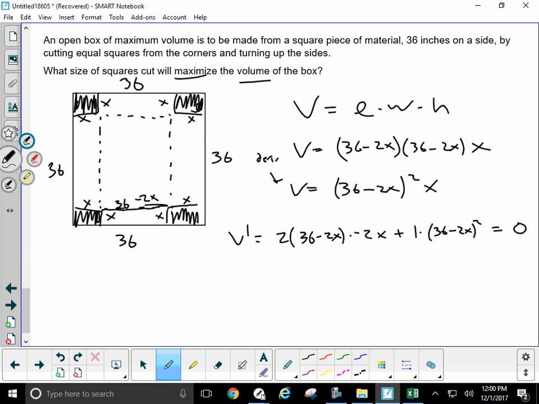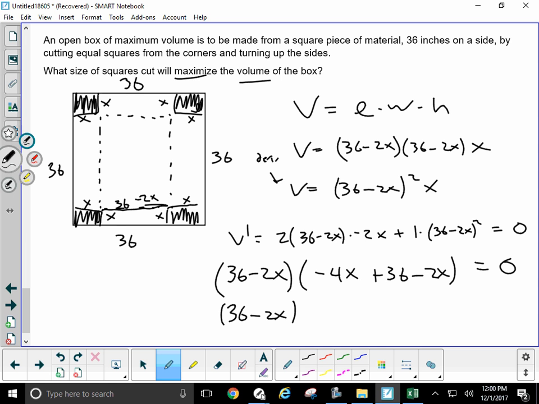Now, maybe distribute things to solve this, but actually I'm going to factor out the 36 minus 2x. And what I have left over is minus 4x plus 36 minus 2x equals 0. And I can go a step further and say this is minus 6x plus 36 times 36 minus 2x.